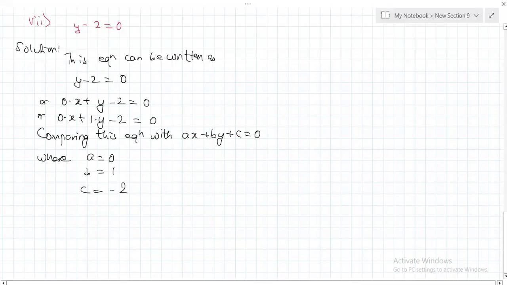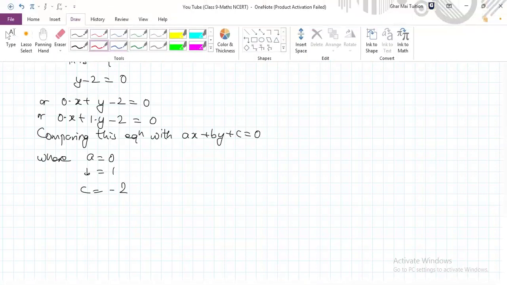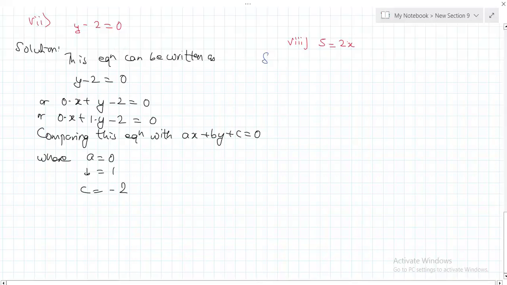Now next question, this is the last question, number 8 of this exercise 4.1. The question is 5 is equal to 2x. Let us see how we can solve this. This equation can be written as 5 equal to 2x, bring 2x to this side, then we can write 5 minus 2x equal to 0.